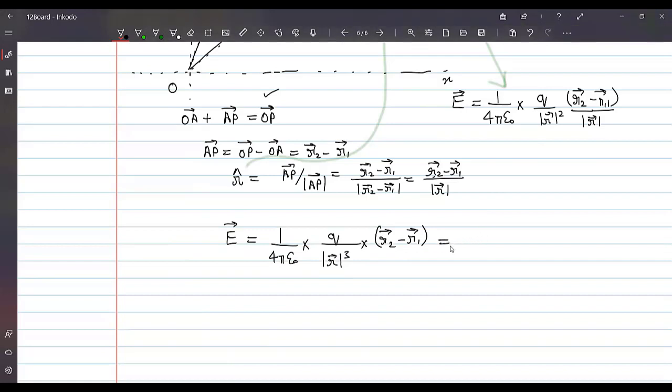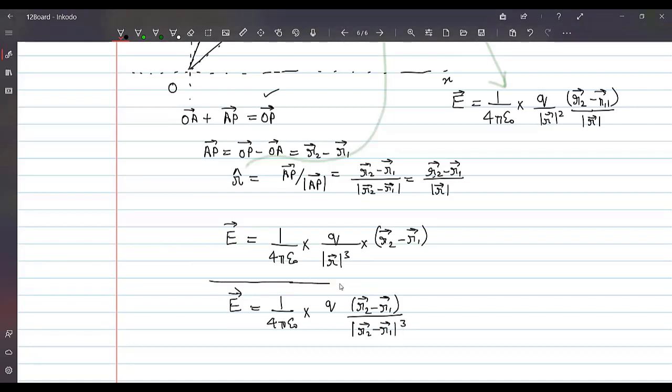So this gives you the formula in vector form: 1 by 4 pi epsilon naught Q times R2 vector minus R1 vector divided by mod of R2 minus R1 vector whole cube. This is your equation of electric field when you know the position vector of the point at which you have to calculate the electric field.